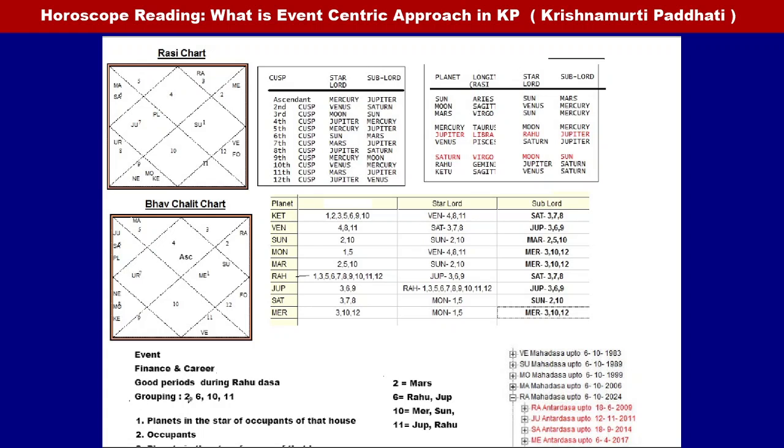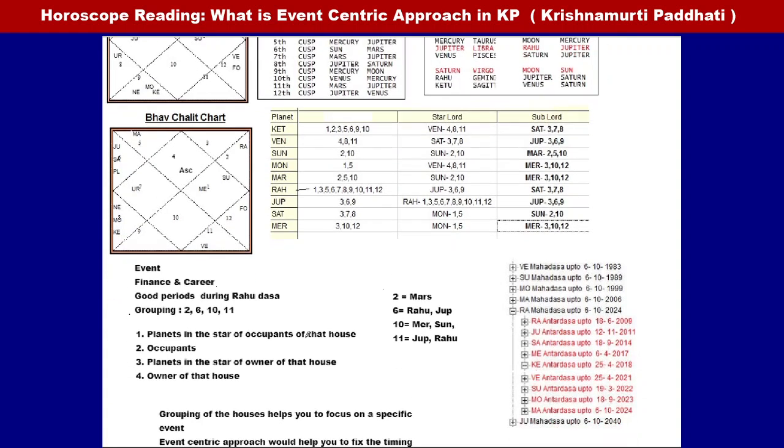So the grouping rule is 2, 6, 10, 11, and then the standard KP rules: the planets in the star of the occupant, how to find the significators. Based on this, you identify the significators.